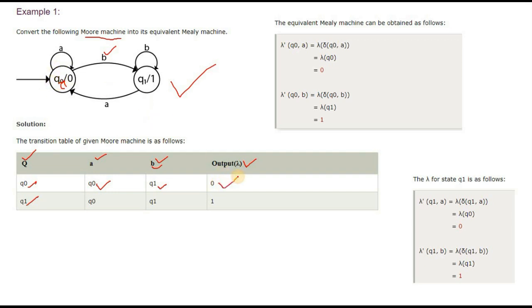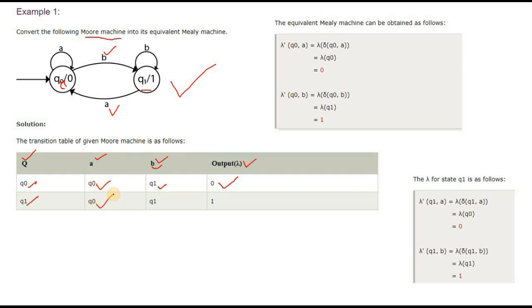And coming to state Q1, where does it go? Q1 goes to Q0, and the input is A, so I have written Q0 here.